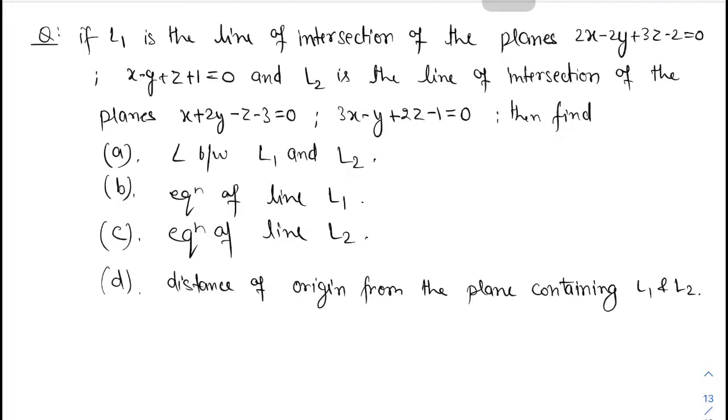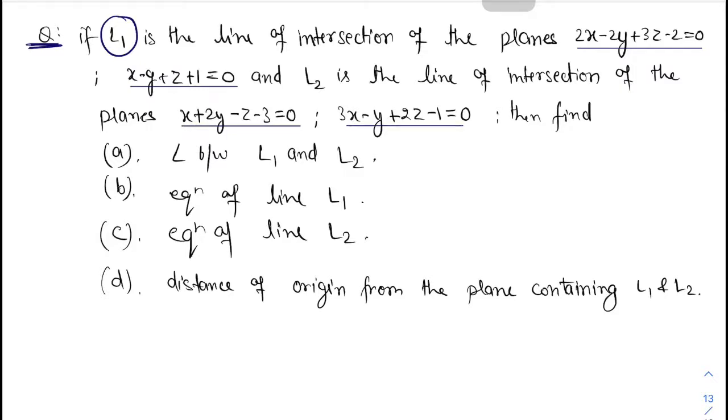So this question says if L1 is the line of intersection of this plane and this plane. So these are two planes, and the line of intersection of these two planes is L1. Another set of planes is given, this plane and this plane.